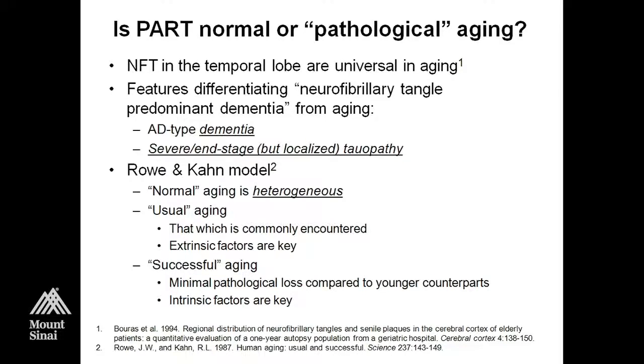And then there's another kind of normal, your successful aging, where when you're compared to your younger counterparts, you're still doing great. And it turns out that these groups are important, and they're different. The usual aging is dependent, across a lot of different studies, more on extrinsic factors. Whether you drink, whether you smoke, if you don't want to have usual aging, you can adjust your behavior.